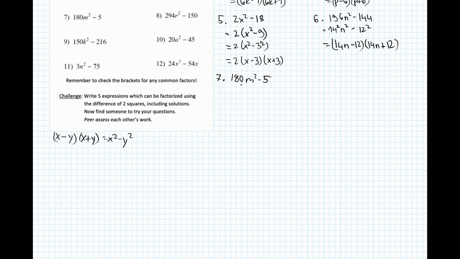Again, 5 is not a perfect square, but what we can do is just divide 180 by 5. If you want, you can use a calculator for that. Let's take 5 out, and that will be 5 times 36m squared minus 1, equal to 5 times (6m) squared minus 1 squared.